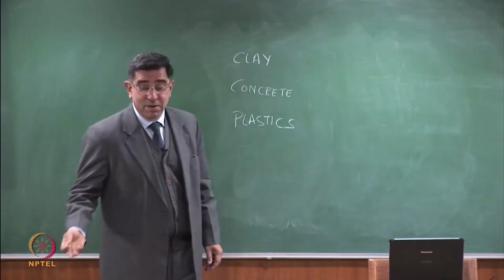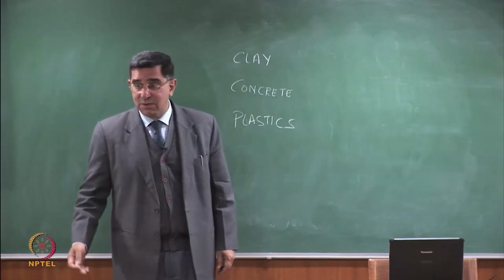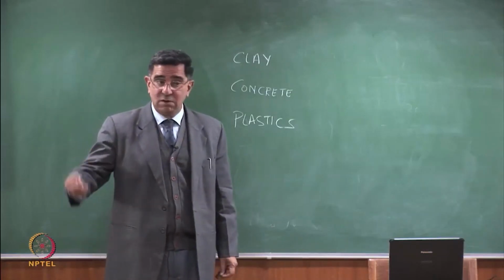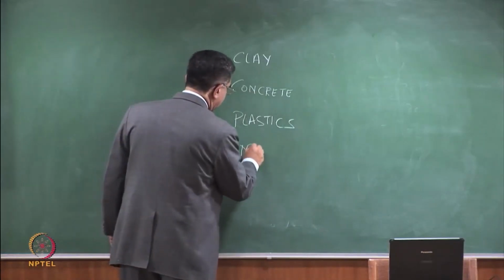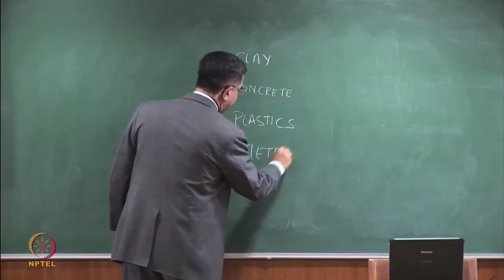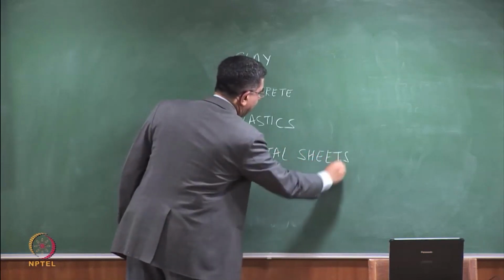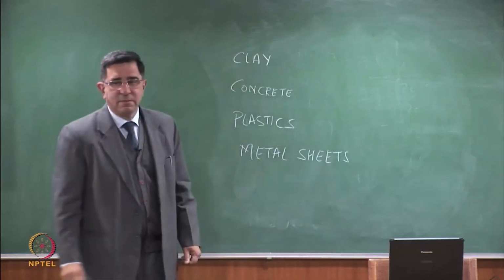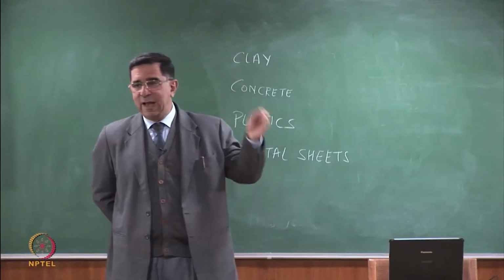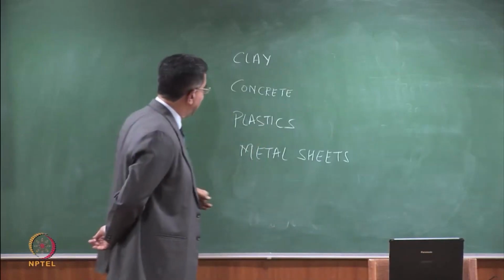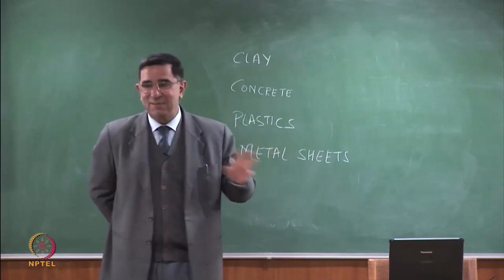I mean, in many of the basements, if you go, they'll put aluminium sheets next to the retaining wall so that the water doesn't come in. So metal sheets. So we've got steel tanks, we've got concrete tanks, we've got plastic tanks. We don't have a clay tank, okay, but these work.